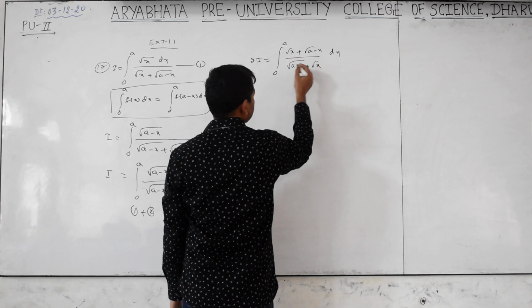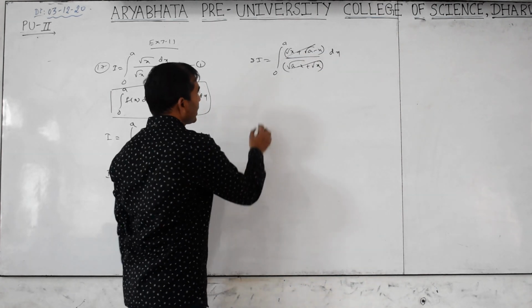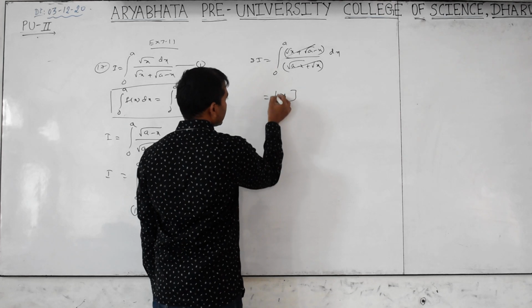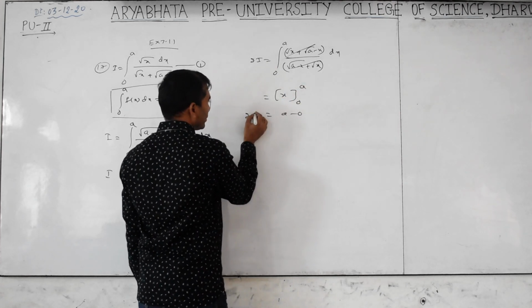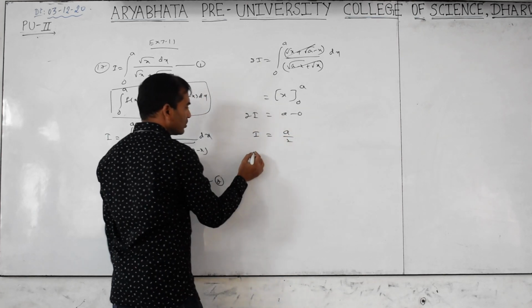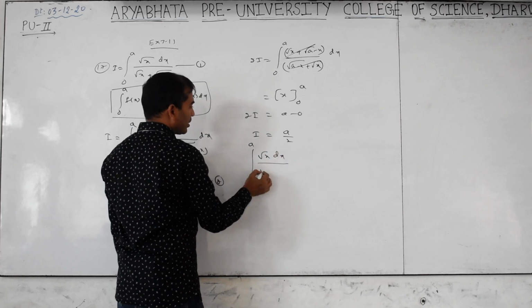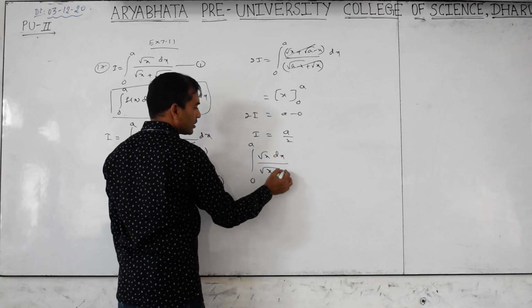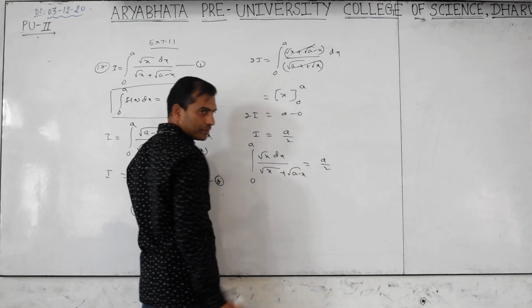The numerator and denominator are the same and get cancelled. So the integration of 1 dx is x, with limits 0 to a, which is a minus 0. So 2I equals a minus 0, and I is equal to a by 2. So the integration of 0 to a root x dx by root of x plus root of a minus x has answer a by 2.